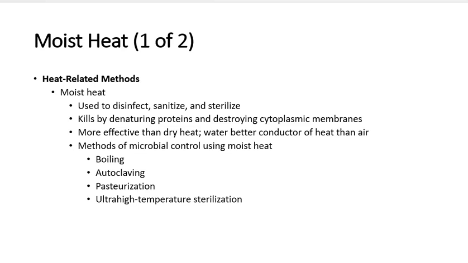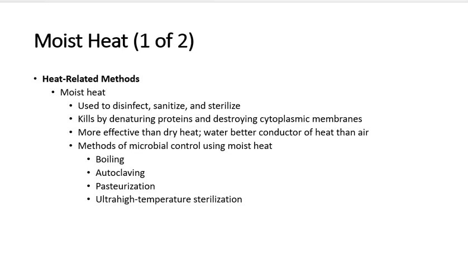Now, some of the things that we commonly use in the hospital or in a lab, and we use it in our homes, is boiling. Put something in boiling water. It works out real well. A common instrument in a doctor's office and in hospitals is an autoclave, and we'll take a look at that. That is high heat at high pressure, and it will sterilize.